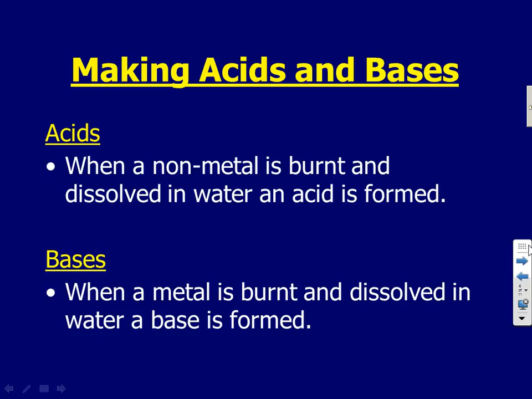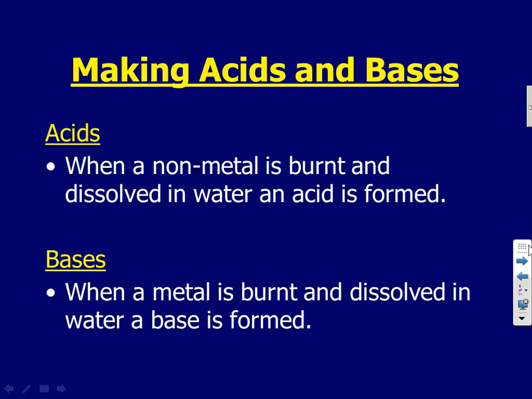For bases, it's the metals. Sodium hydroxide, potassium hydroxide. One that I didn't talk about, magnesium hydroxide. Magnesium hydroxide in water, you can buy it in the drugstore. It's called milk of magnesia.